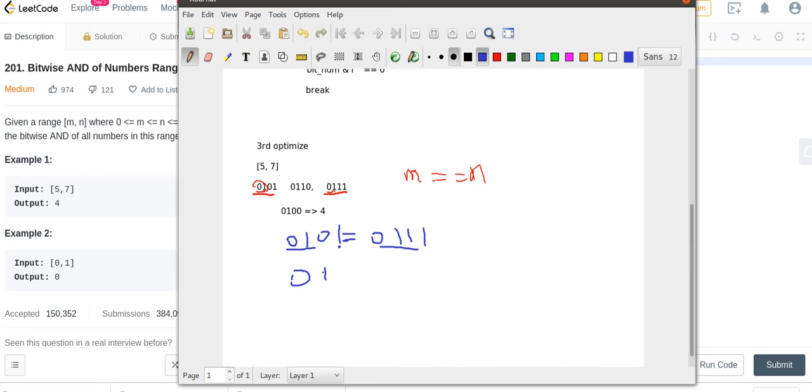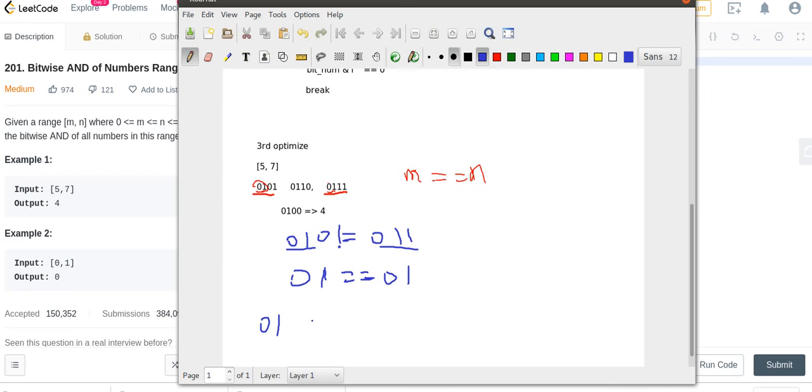Then we compare 0 1 with 0 1. That's a mistake here, this should be 0 1 1 originally, right? And then we compare it. This is equal, and once they are equal, we stop. Then the final common prefix will be 0 1.